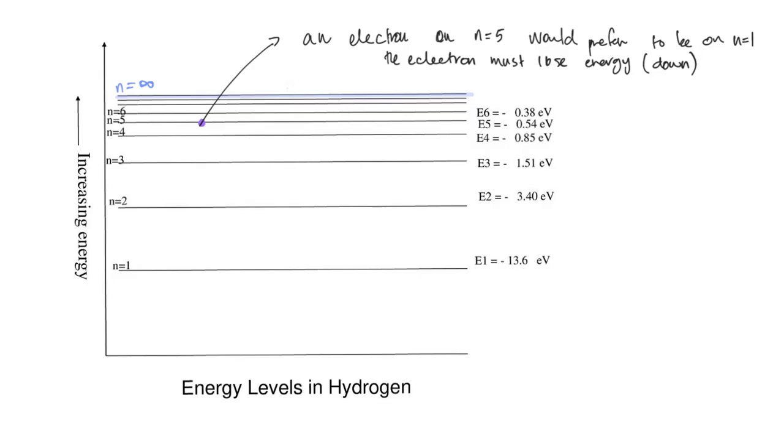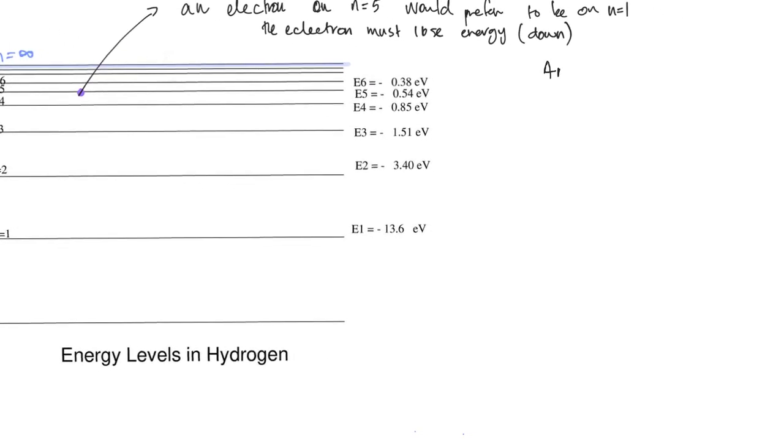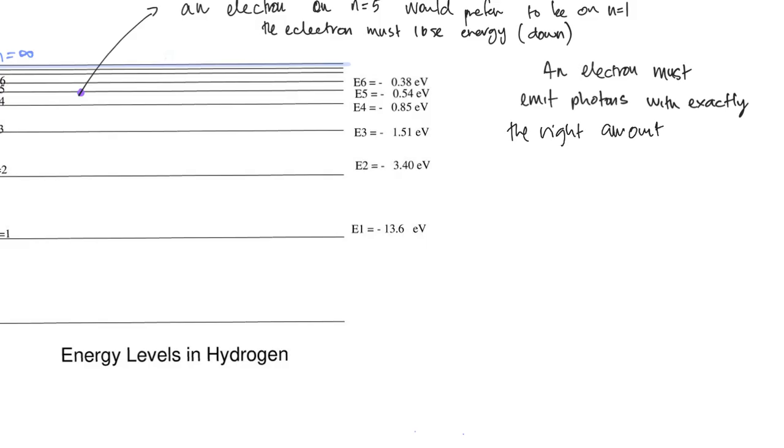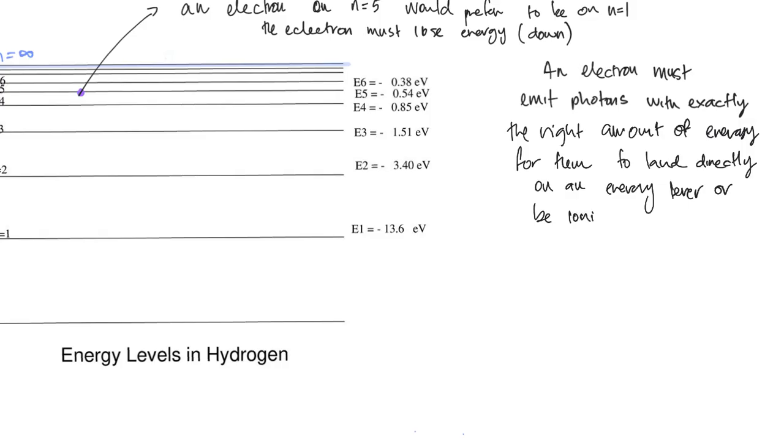When it does that, let's make a note here: an electron must emit photons with exactly the right amount of energy for them to land directly on an energy level, or be ionized. Two things to note.